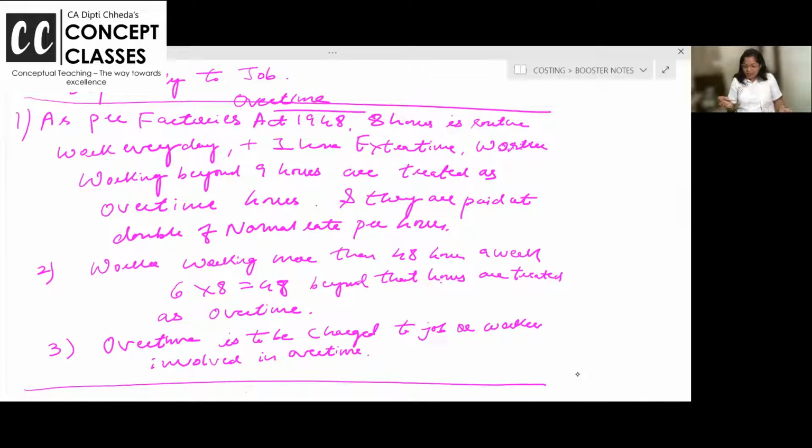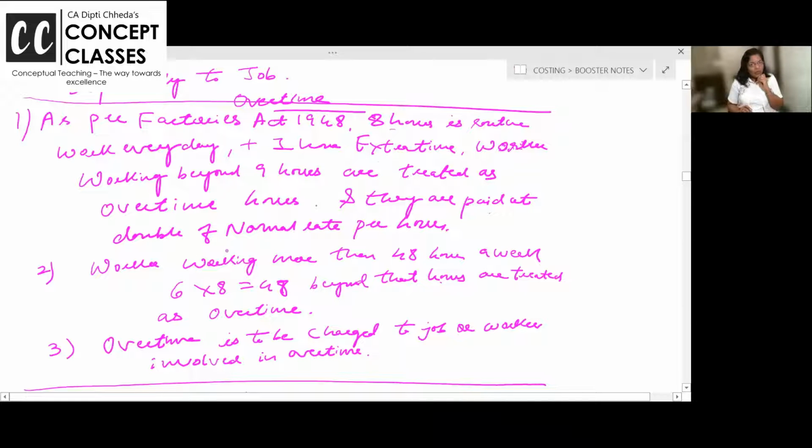Are you seeing on the screen? Beyond 8 hours, whatever he is working, 1 hour extra, that is fine. Beyond 8 plus 1, 9 hours, whatever the worker is working, that extra hour is called overtime. And overtime is paid at generally double the normal rate.